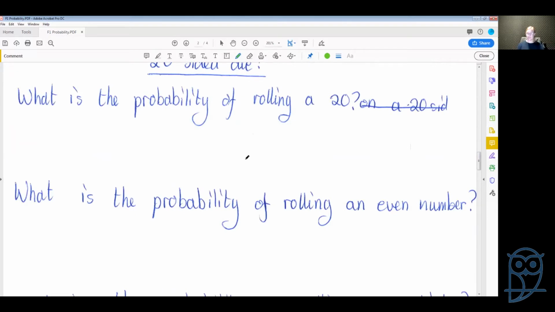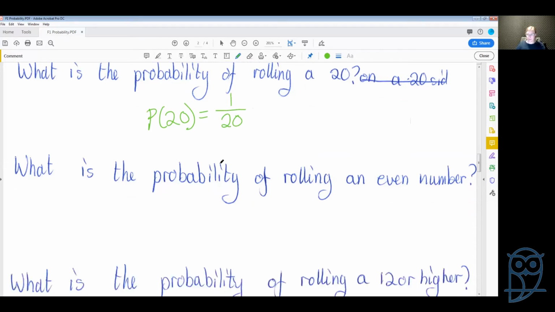So the probability of rolling a 20 will then be the amount of 20s on the die. So we've got 1 20 on the sides of the die, and then the amount of different outcomes we can get. So that is 20 different outcomes. So our probability is 1 over 20.